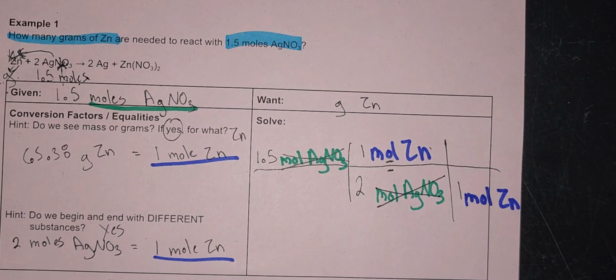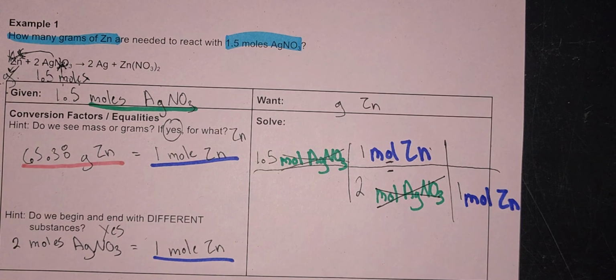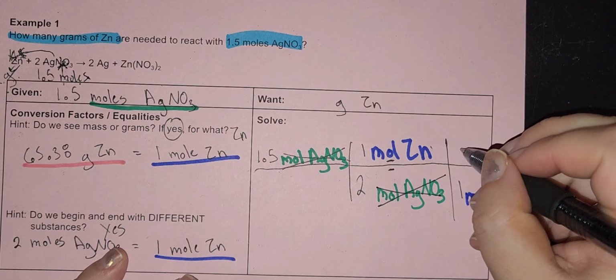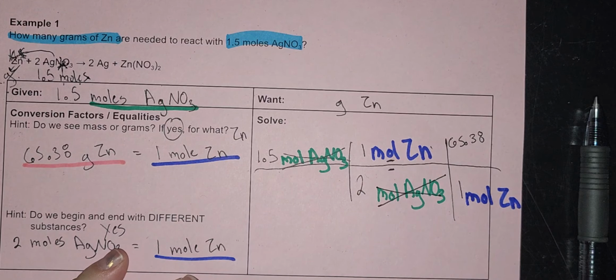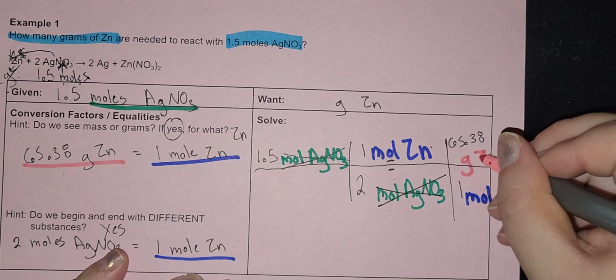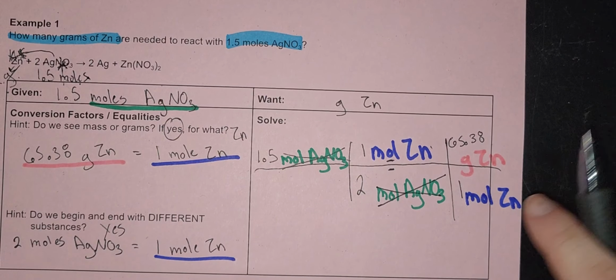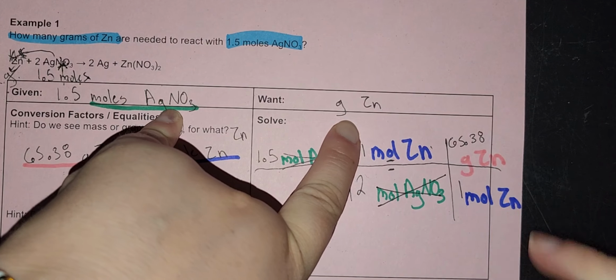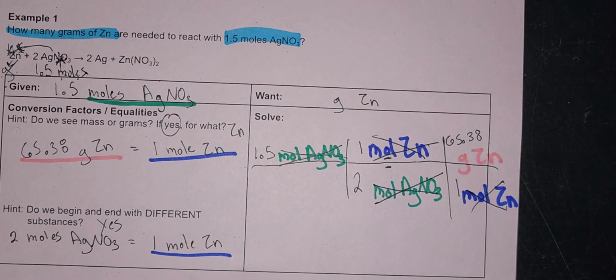Then whatever that is equal to is going to go on top. I'm going to use this orange color for that. So we're going to put 65.38 grams of zinc on the top. Grams of zinc is what we were looking for, so we're good here. Moles of zinc is going to cancel because it is repeated.